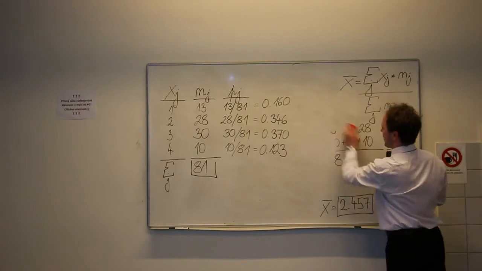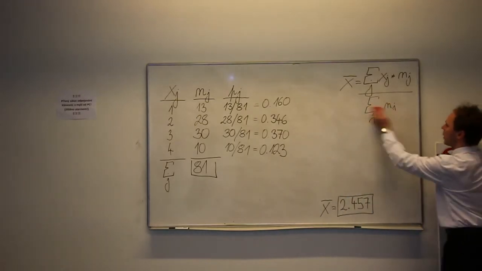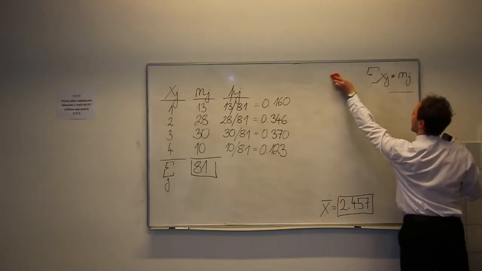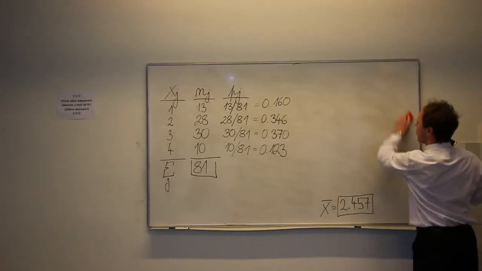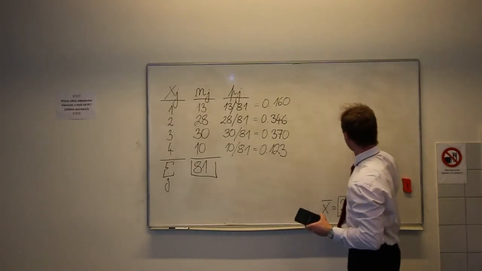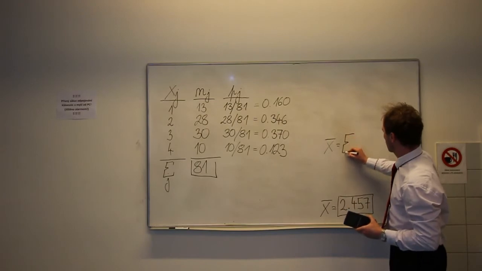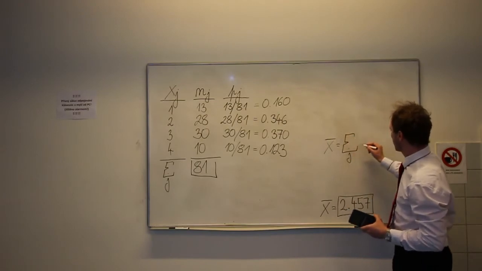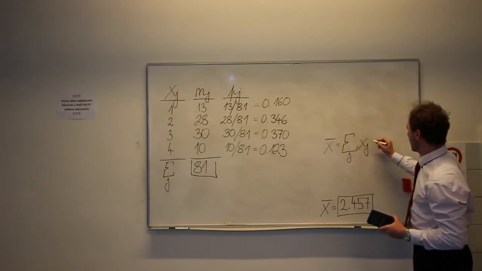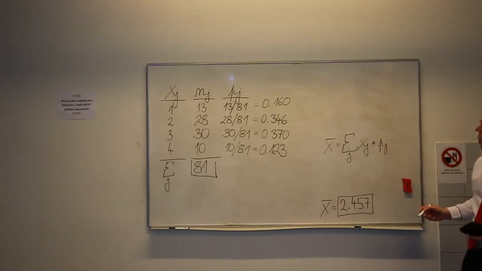Do you remember the formula for the arithmetic mean based on relative frequencies? It's very easy. I will write it here: x with stripe is calculated like summation through all j, xj weighted by pj. That's all.